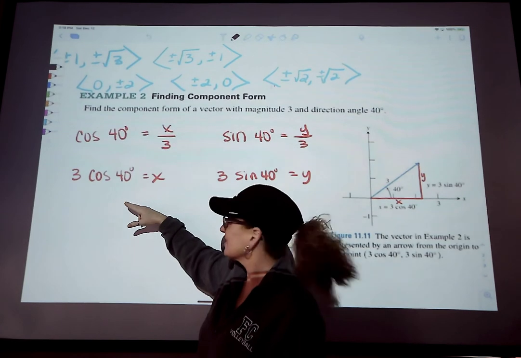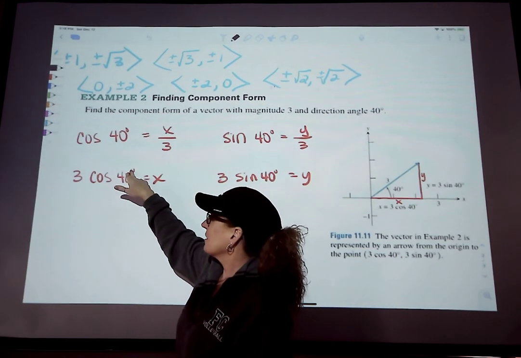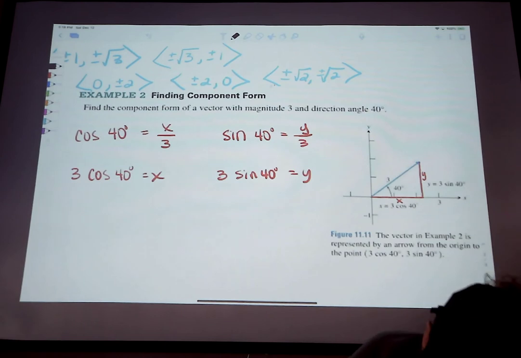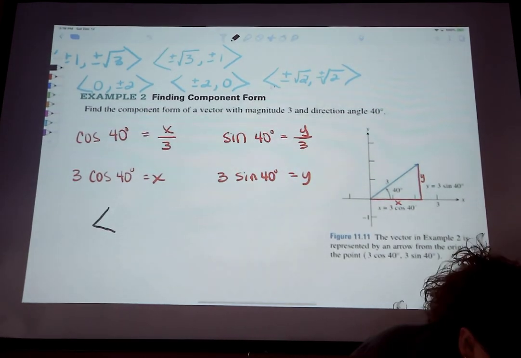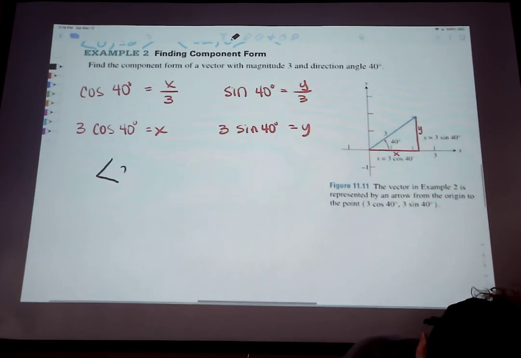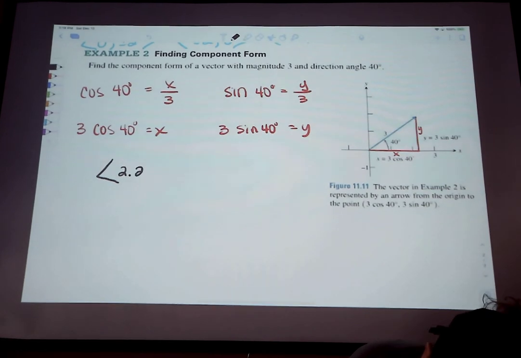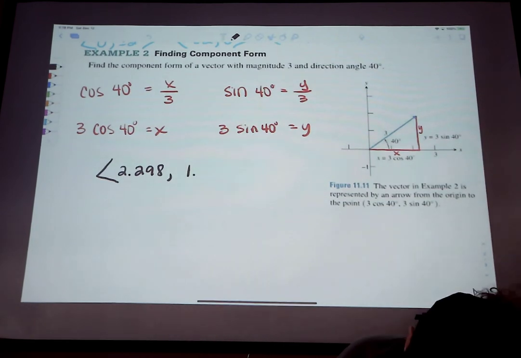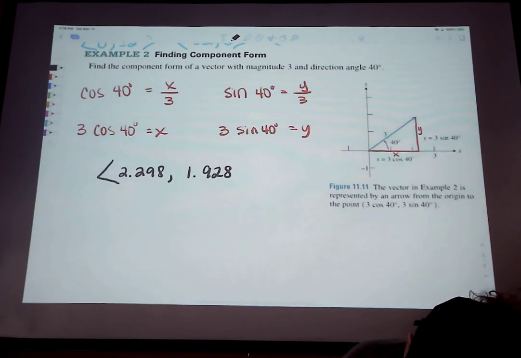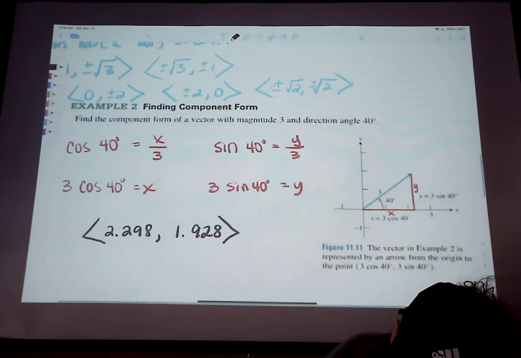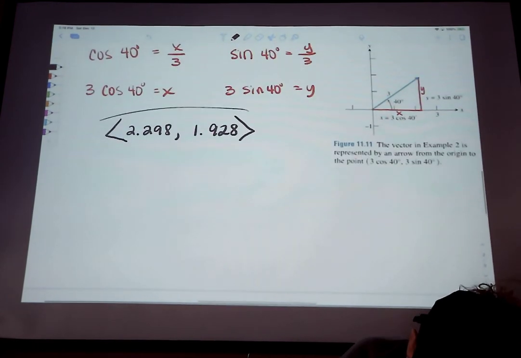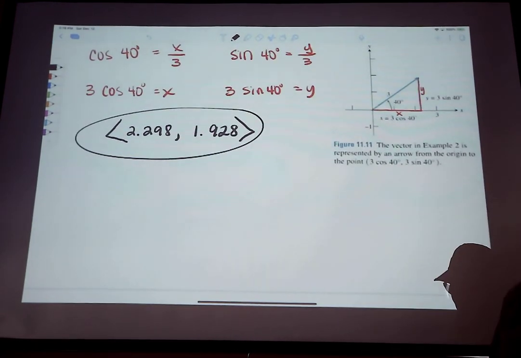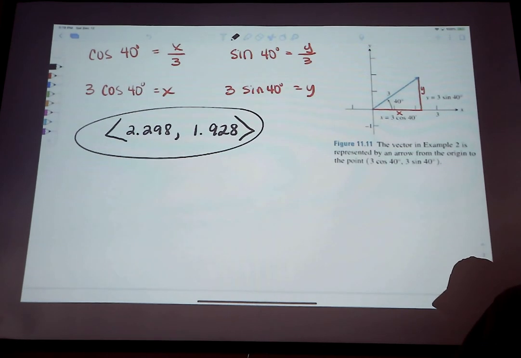We're kind of doing physics. So type this into your calculator and make sure you're in degree mode. I rounded to 3. So my change in x was 2.298, and my change in y was 1.928. There we go. Component form did it. All right. Y'all have fun doing that homework.